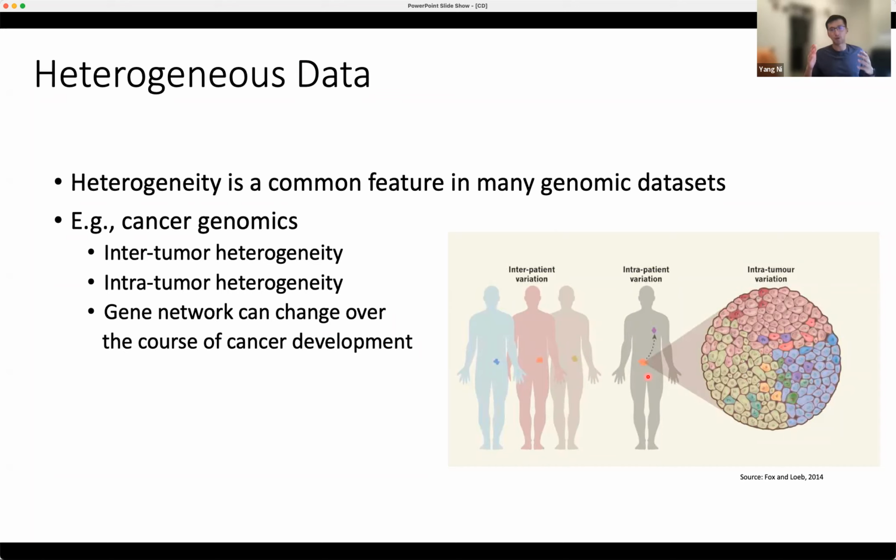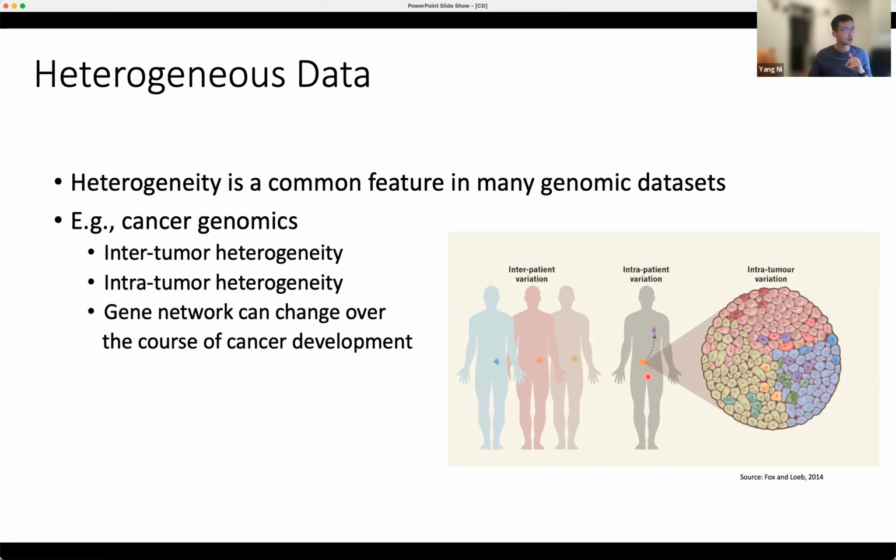We thought this would be useful to model tumor heterogeneity, because different cancer patients may have very different genetic architecture, and so on. That includes inter-tumor heterogeneity and intra-tumor heterogeneity. So ideally, we wanted our gene regulatory network to change over the course of cancer development, and so on and so forth. Anyway, that was the original goal or motivation of this project.